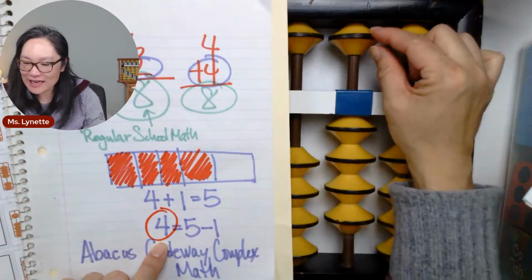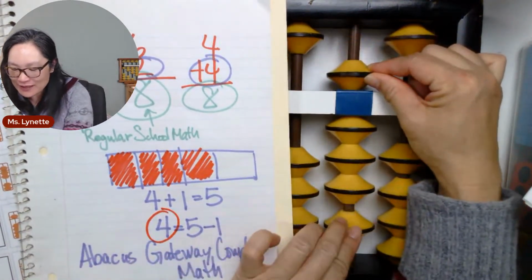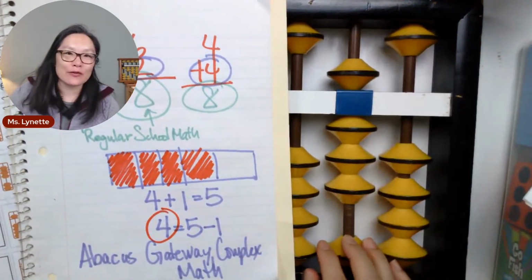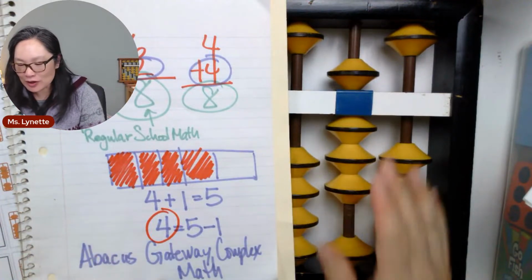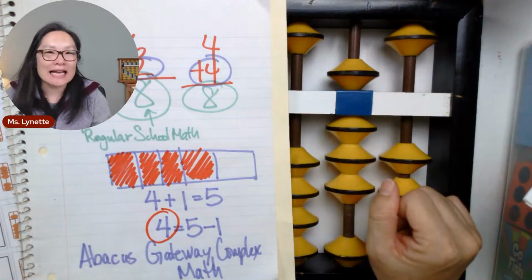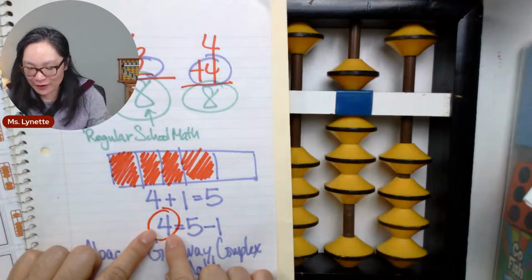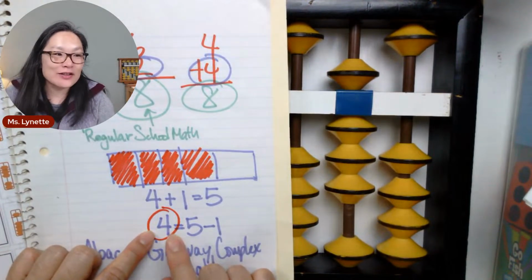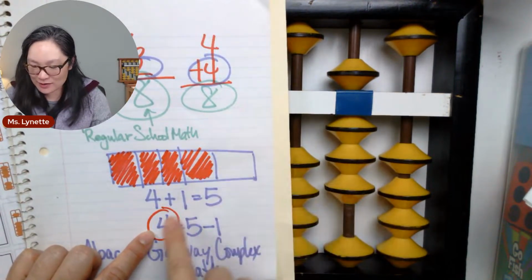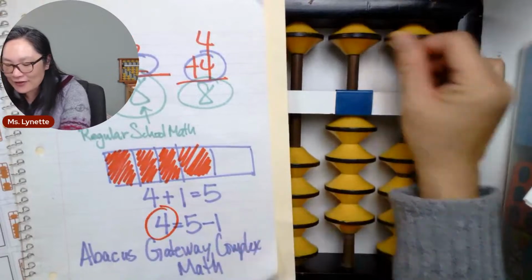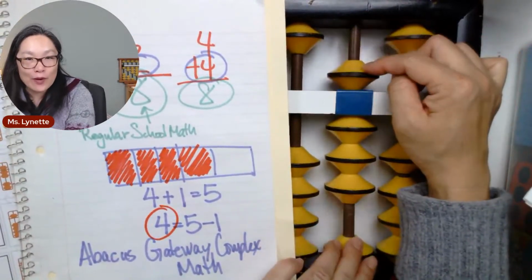So here we're taking the 5, we add the 5, and we have to take away the 4. That is how we utilize the abacus, because we're going to isolate the variable. My variable that we're using is the 4. So this 4 is what tells me that I need to add the 5 and take away the 1.